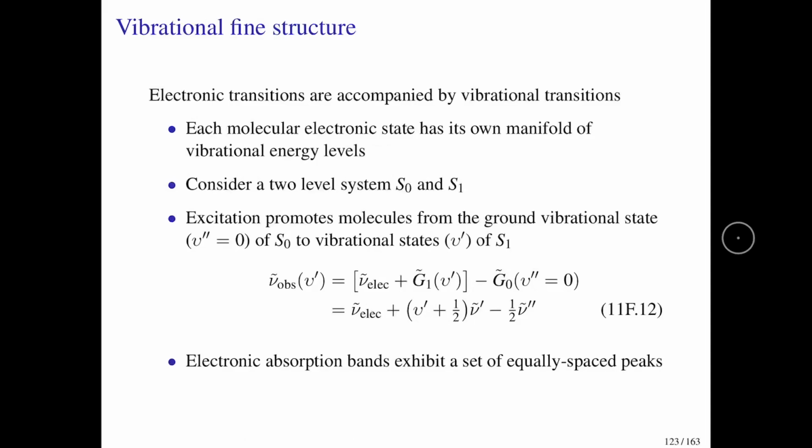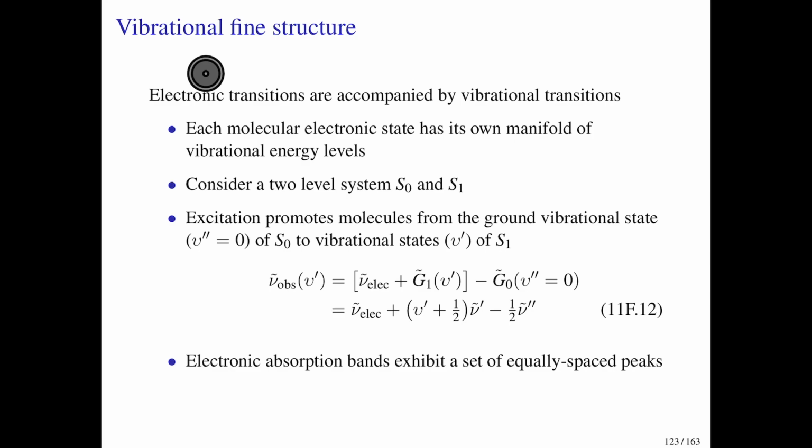Here's a more important topic, I think, for us to consider. How does the vibrational fine structure work in a simple molecule's electronic spectrum? As I mentioned previously, vibrational transitions will accompany the electronic transition.